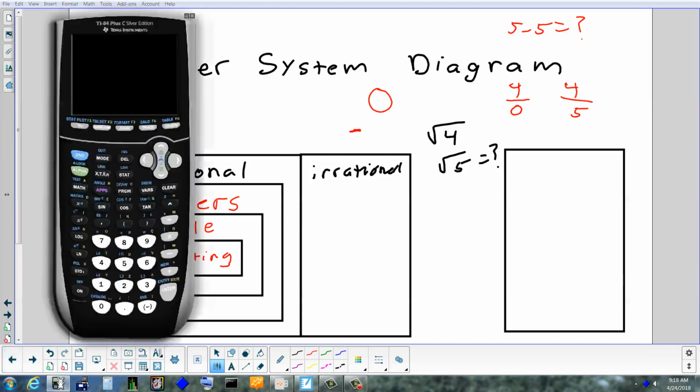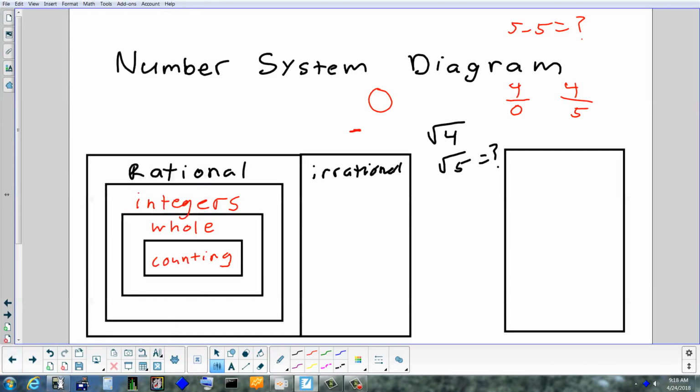Other kinds of numbers, well, we'll just leave it at that. Okay, so irrational numbers mostly come up with square roots and pi. Now, if you take and group all of this stuff together, these are called real numbers. And in Algebra 1, that's what you study. You don't do anything in Algebra 1 that's outside of this box.